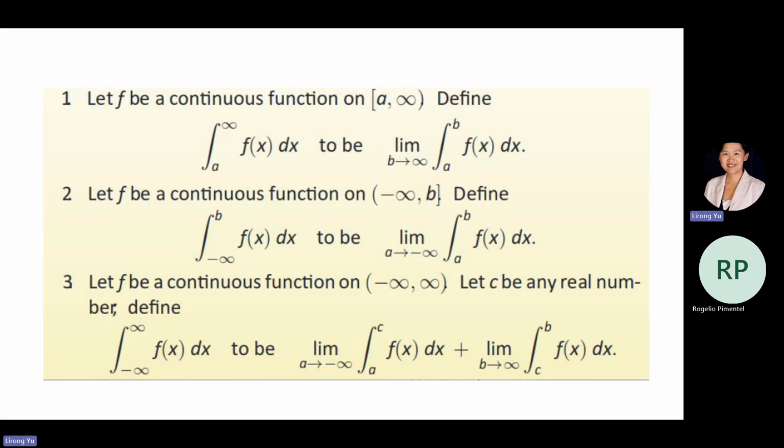So if we want to calculate the integration of f of x from a to infinity, we find a way to calculate the integral from a to a finite number b. Once we have a formula for that calculation, we then let b go to infinity, and this limit would be the integration value from a to infinity of the function f of x.